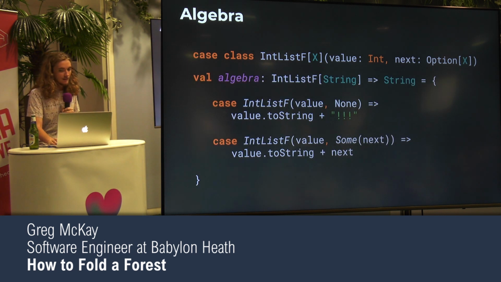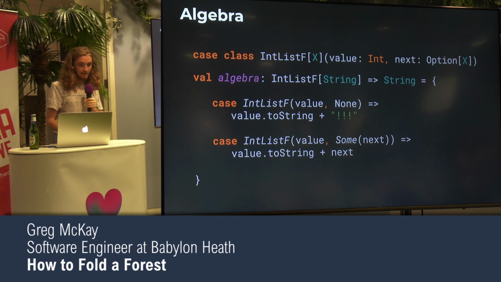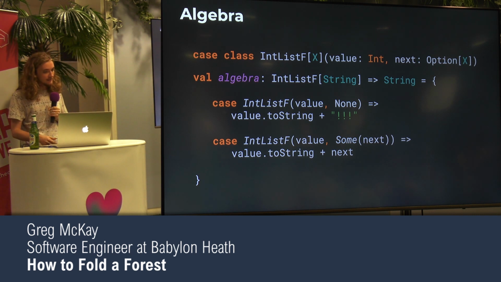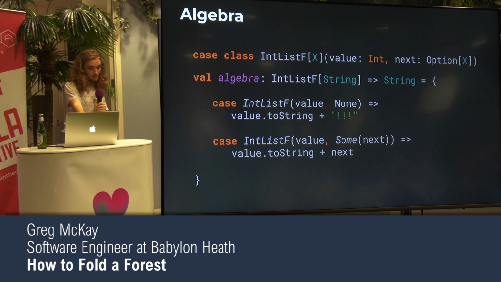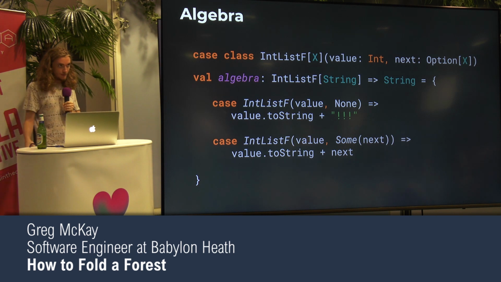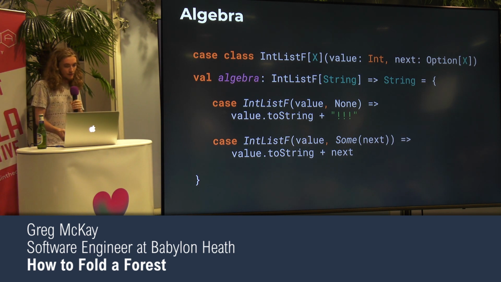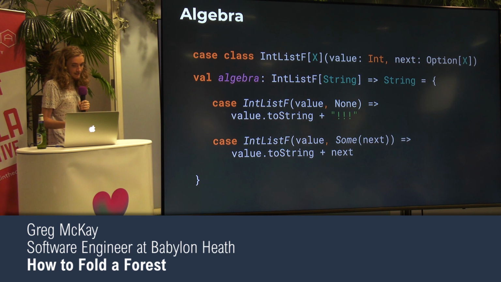Okay, so let's try and define some kind of toString function on our int list. Okay, so this is an algebra we're defining for our fold, and all we do is, if we have no successors, then we add a few exclamation marks, and otherwise we append the next value, which is already a string, to our value as a string.